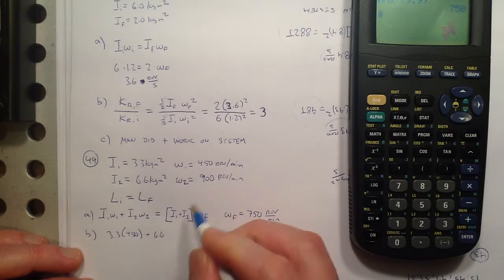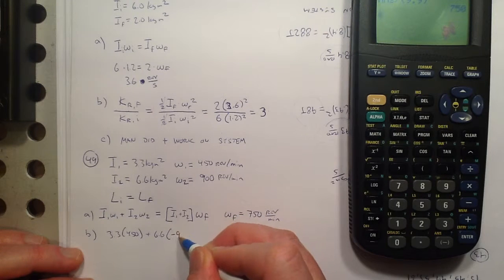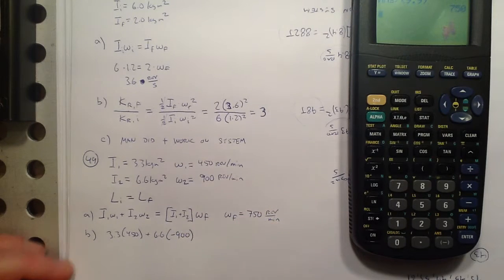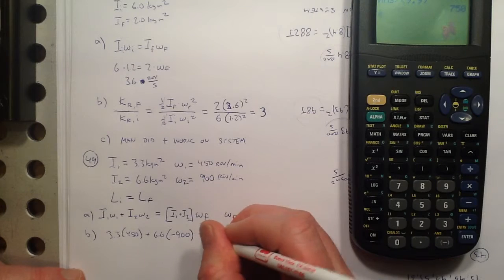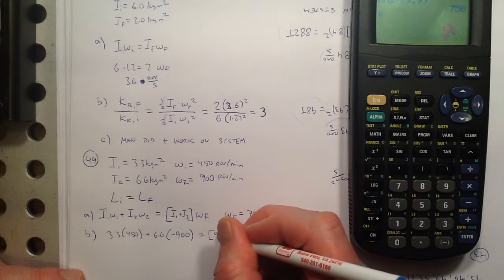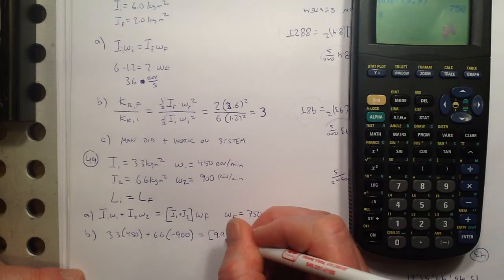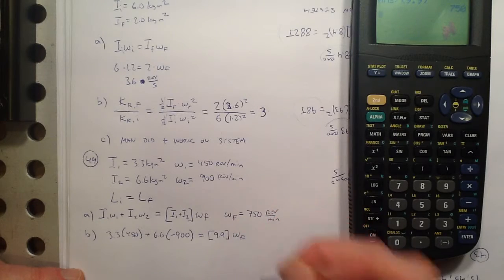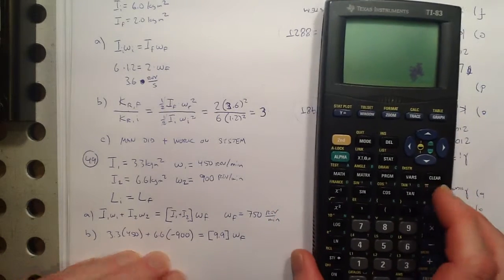And now since this one is going in the opposite direction, we'll have to call that negative. I'll call clockwise the negative direction, right? And that's equal to the sum of their moments of inertia times the final. And we'll run that calculation.